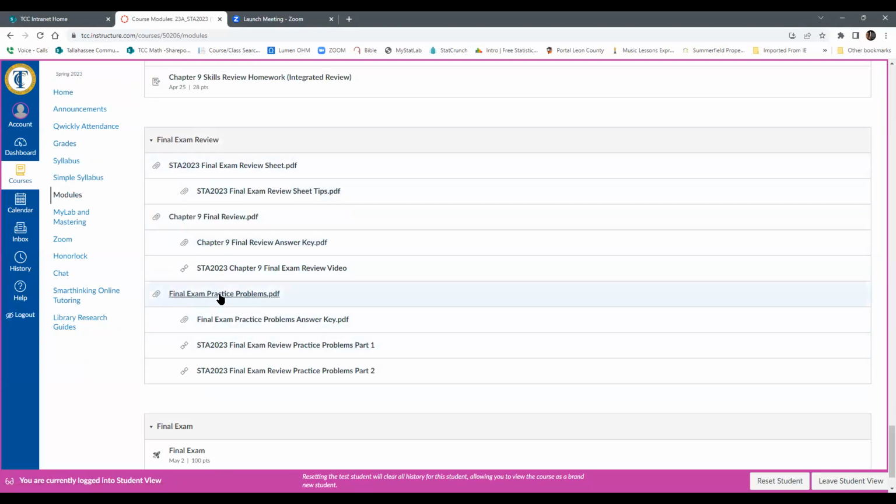And then the final exam practice problem is over here. I have two videos available, one for the first part of the problem and one for the second part. And then here are the answer keys, so you can look at the answer keys to know whether you got it right or wrong. So this is part of the final setting.